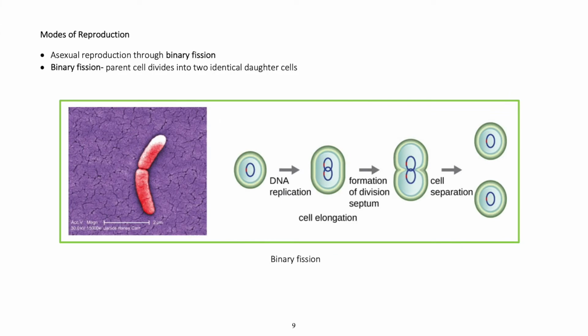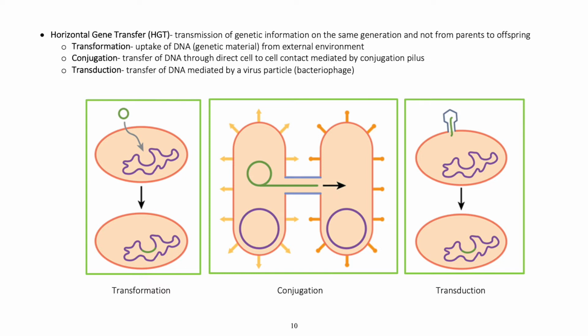Modes of reproduction. Asexual reproduction through binary fission. Binary fission. Parent cell divides into two identical daughter cells. Horizontal gene transfer, HGT. Transmission of genetic information within the same generation and not from parents to offspring.